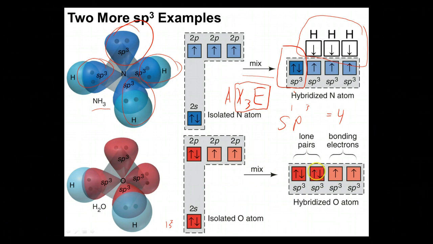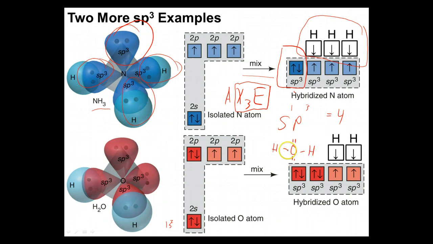I have 2 lone pairs that are not going to be shared. I have 2 half-filled orbitals that need to share in order to fill. We bring in our hydrogens, and we predict that we're going to have water in Lewis structure form.